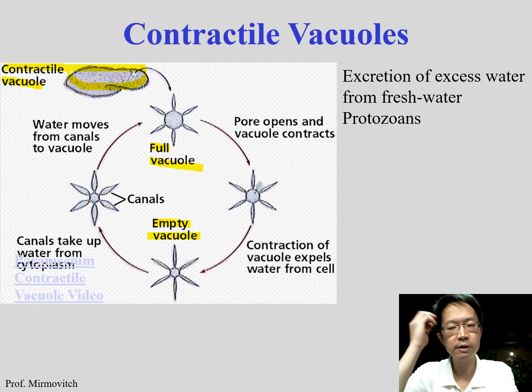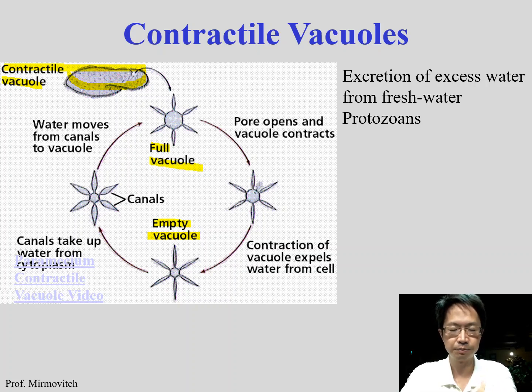So the whole purpose of this contractile vacuole in paramecium is that paramecium live in fresh water. Fresh water is hypotonic to the cytoplasm of the paramecium, so water continuously goes into the cytoplasm.